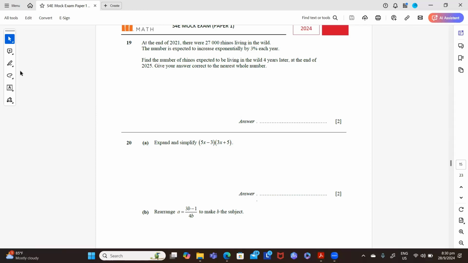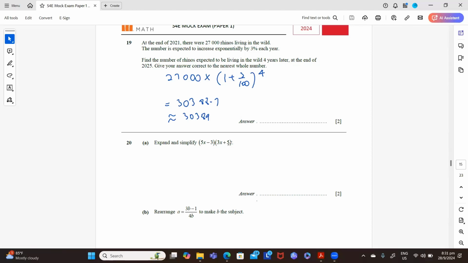So it's increasing in that formula because it's exponential. So all you have to do is write down 27,000 times 1 plus 3 over 100 to the power of the number of times. So it's 4. Put this in calculator, you should get 30388.7. It is 30389. That's your answer.